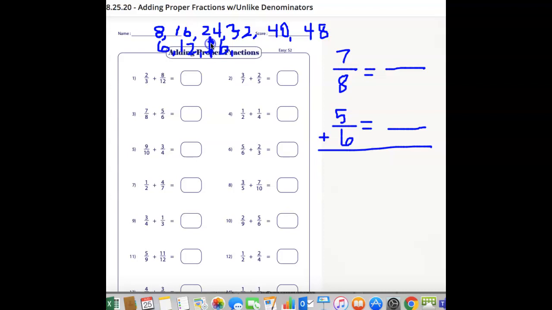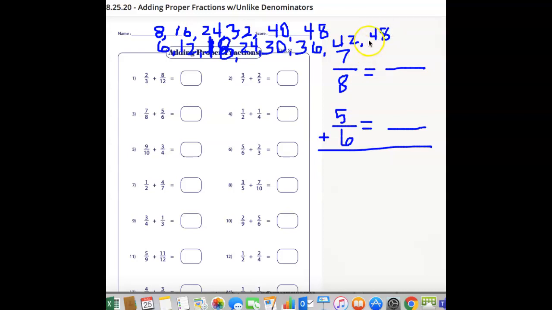Oh, I really jumped ahead, didn't I? 6 times 4 is 24. 6 times 5 is 30. 6 times 6 is 36. 6 times 7 is 42. And 6 times 8 is 48. And there's our common multiple.